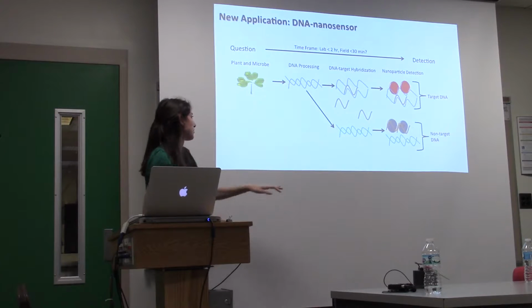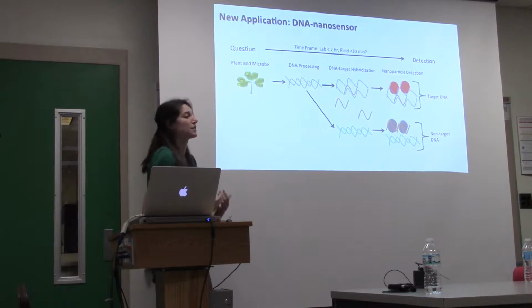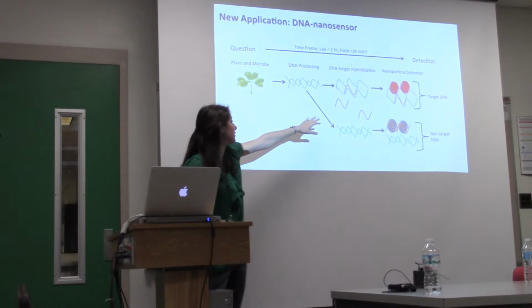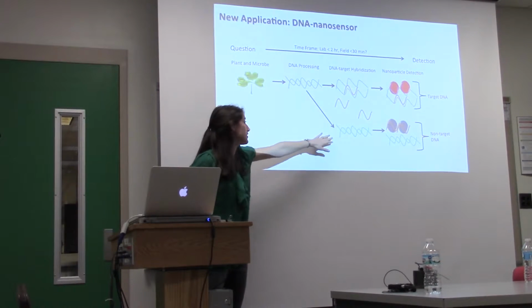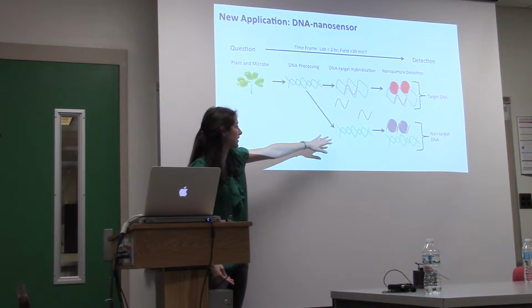Then you have your probe. So think of how PCR works. You have a primer that is very specific to your target. And when you heat up or denature the DNA, it will then anneal and bind to your target. If it's a non-target, let's say like a plant tissue, it won't bind at that time.